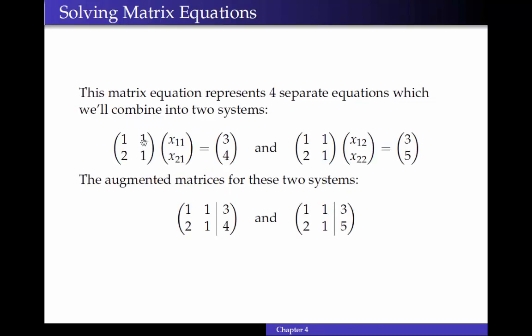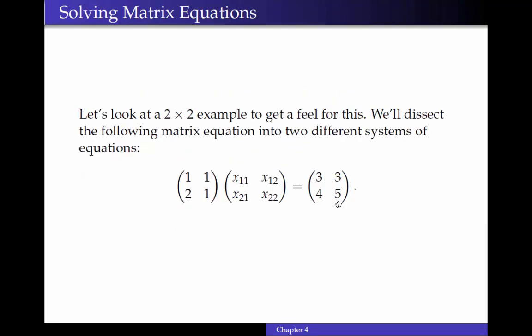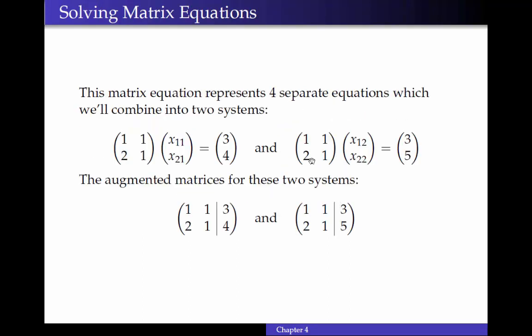We can write the matrix A times the first column of X is equal to the first column of B, and the matrix A times the second column of X is equal to the second column of B. Again, 3, 4 is the first column of B. 3, 5 is the second column of B. And so the augmented matrices for these two systems would look like this.